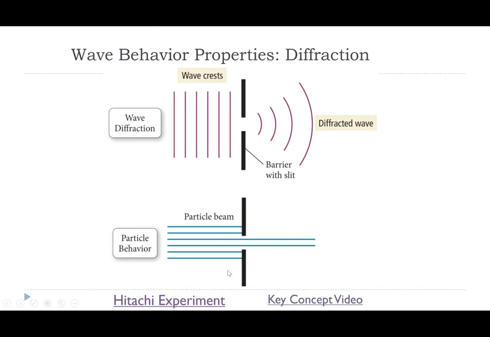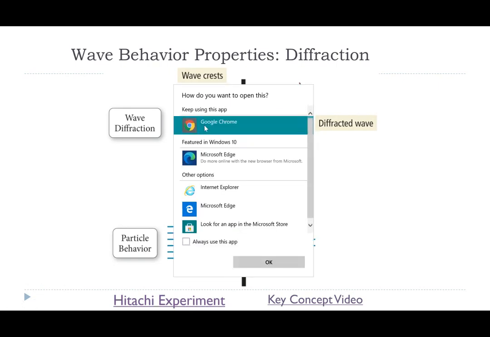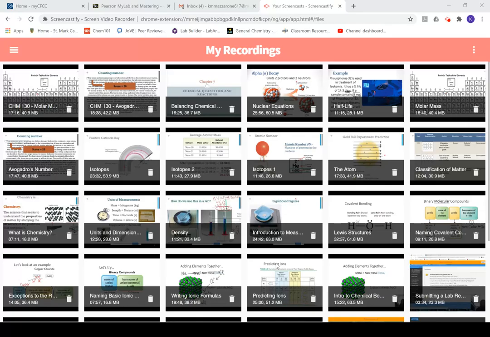What we see here is something called the Hitachi experiment. So in the Hitachi experiment, what scientists were doing is they were really just trying to show off their new skill set. Pause this real quick. So they had this brand new equipment.